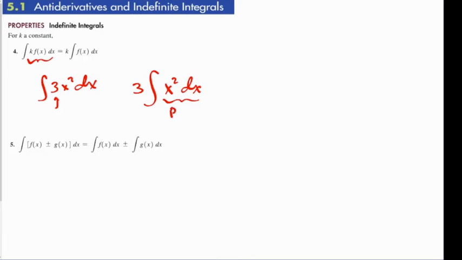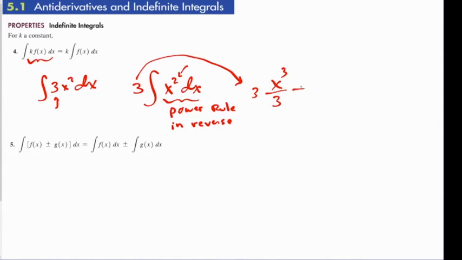And now this is the power rule in reverse. So we would say x to the third divided by 3, because we're adding 1 to the exponent, then dividing by that new exponent. But don't forget this 3 over here we need to multiply by. And then we have our plus c. This would cancel. So the antiderivative of 3x squared dx would be x cubed plus c.